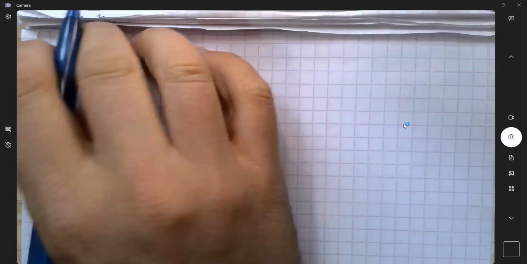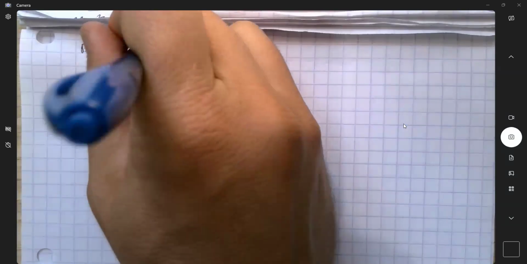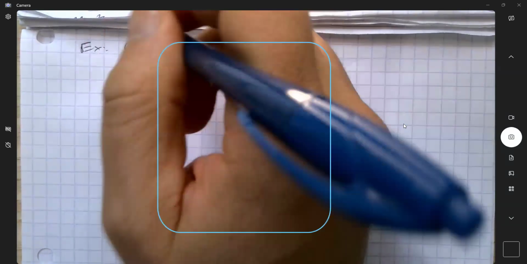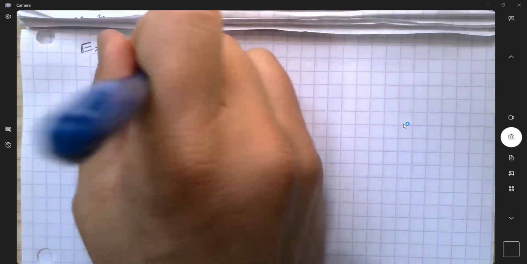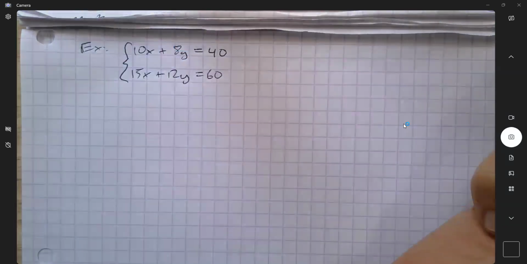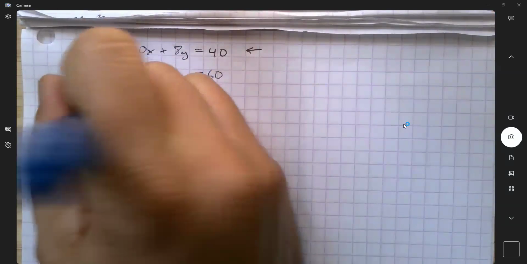So let's use as an example 10x plus 8y equals 40 and 15x plus 12y equals 60. Looks to me like this top equation is going to be a little bit simpler.